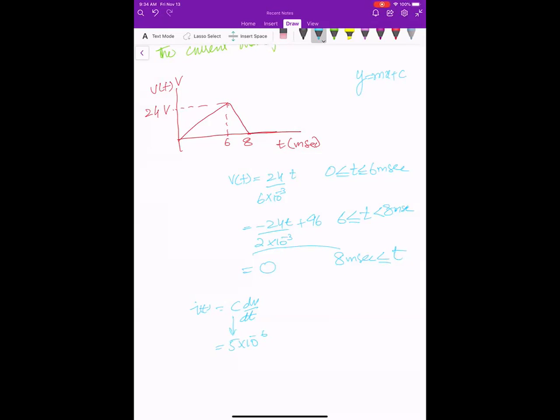And then when we differentiate this, it should be 24 by 6 into 10 to the power minus 3, which will be 20 milliamps for 0 to 6.